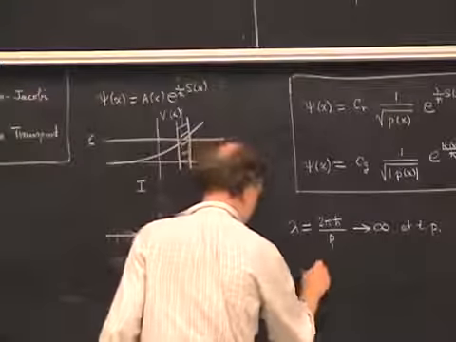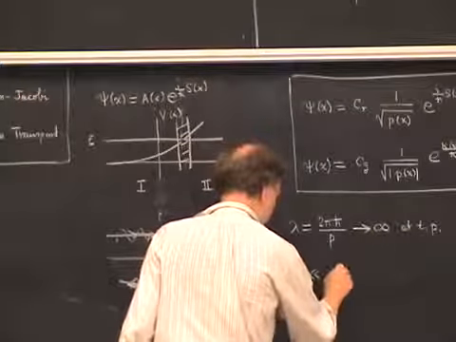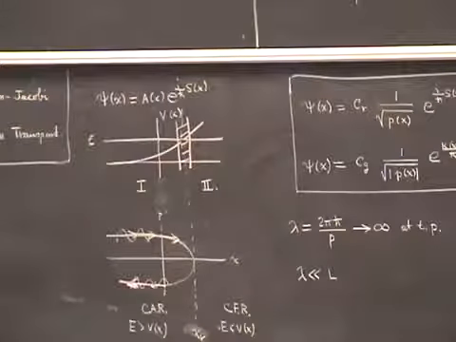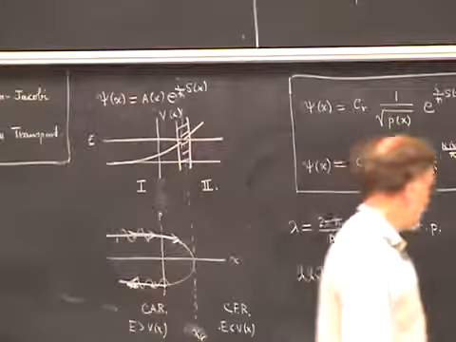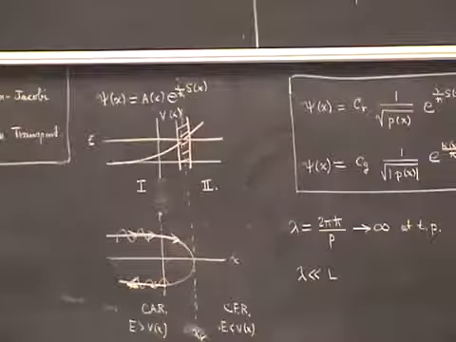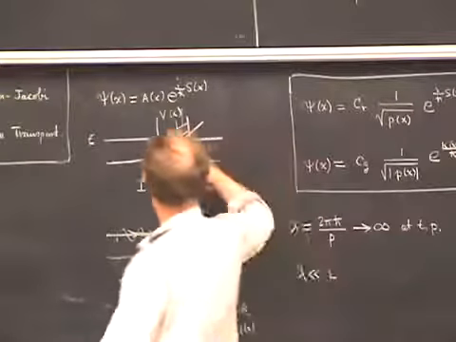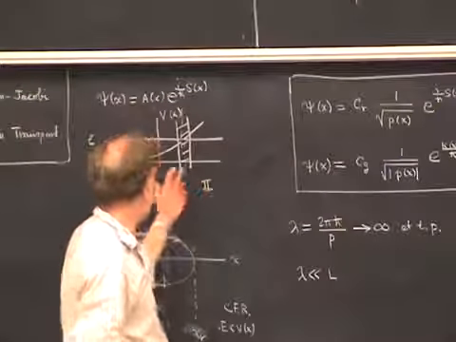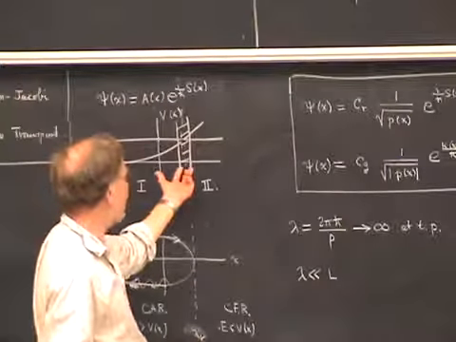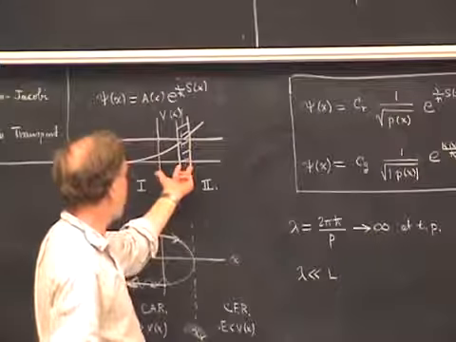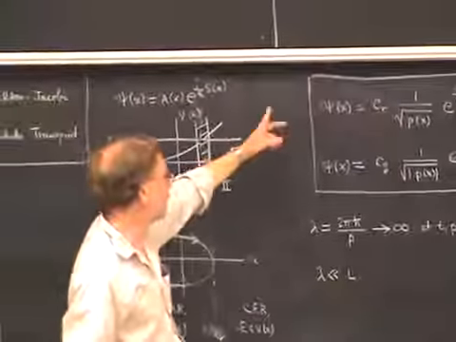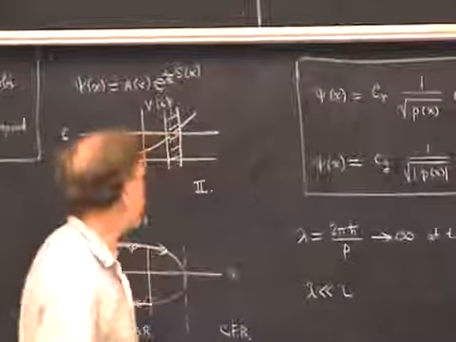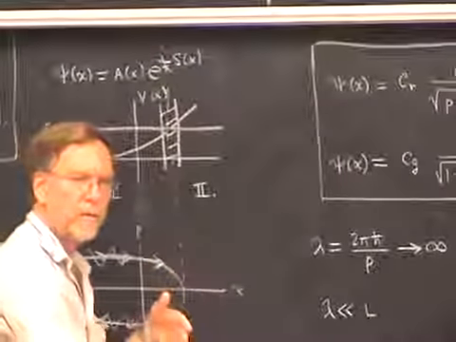And the result is that the condition of validity in WKB, which is that the wavelength should be small compared to the scaling of the potential, breaks down. If you look at this more carefully, you can actually estimate what size of region around here the formulas are not valid. I won't go into that, but because of this small region around the turning point where neither one of these solutions is valid, it's not possible to find the connection coefficients by just bringing them both up to the turning point.